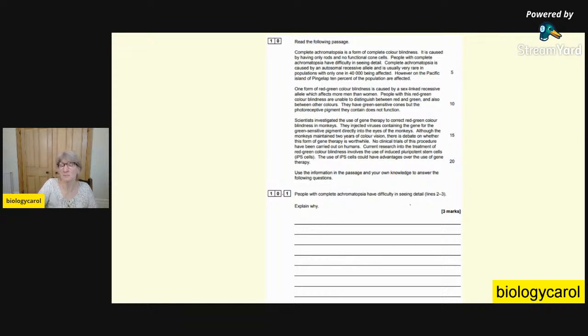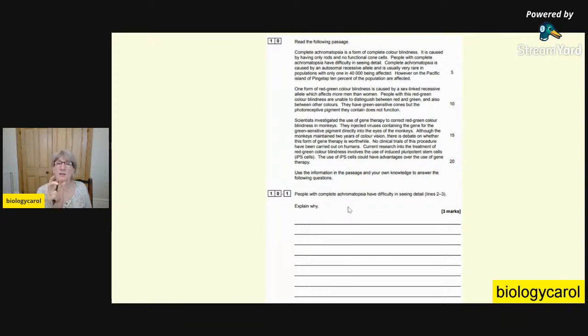Explain why. This is because people with complete achromatopsia have no functioning cone cells. Notice I'm using the terminology in the question. I'm not saying they have no cone cells, because that isn't true. They have no functioning cone cells.